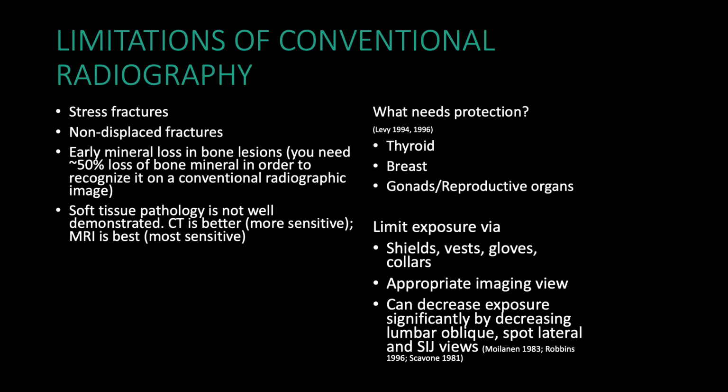And making sure we get the appropriate imaging view or views needed for these studies. By decreasing the number of studies that we utilize, particularly maybe we just need an AP and a lateral view and not the oblique and some of these specialty views with some of these conditions, that may also help decrease the exposure to the patient.